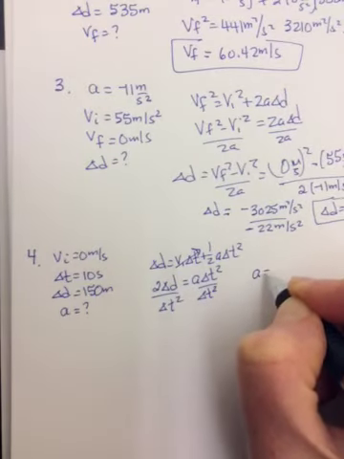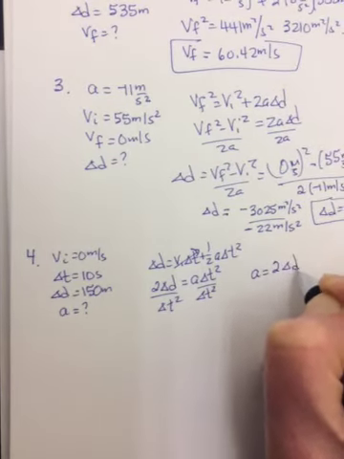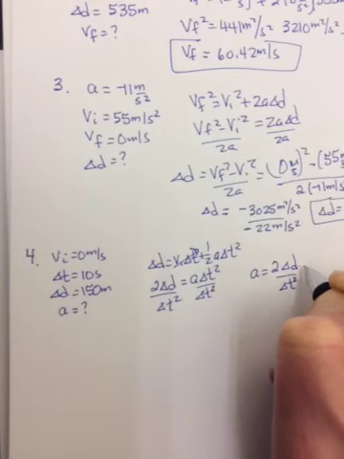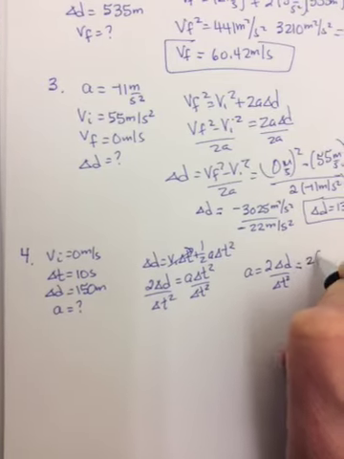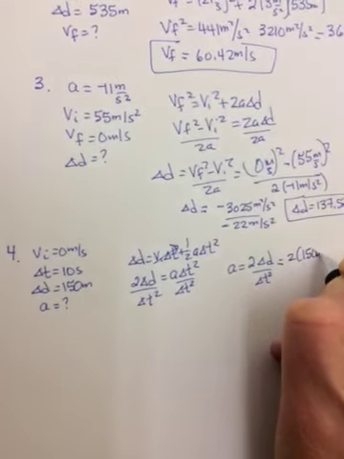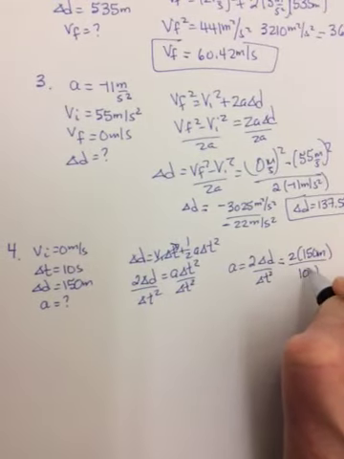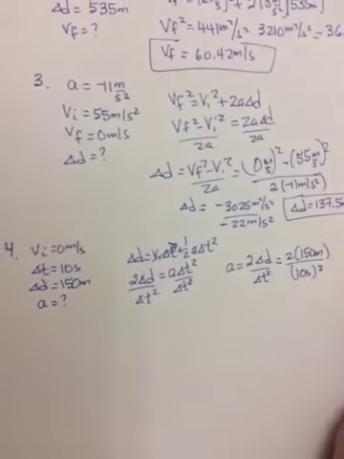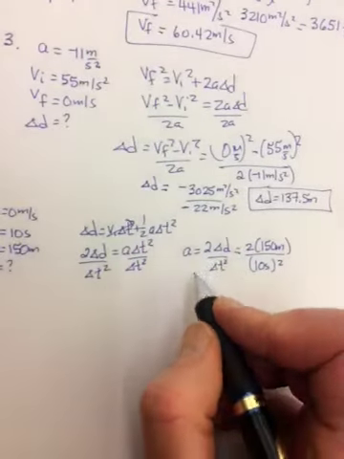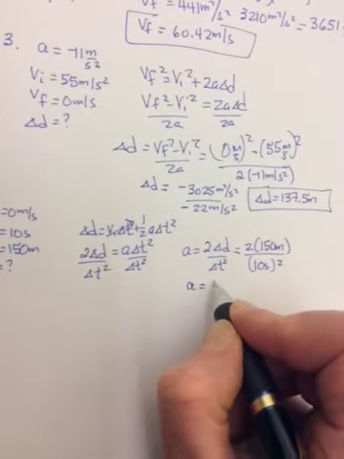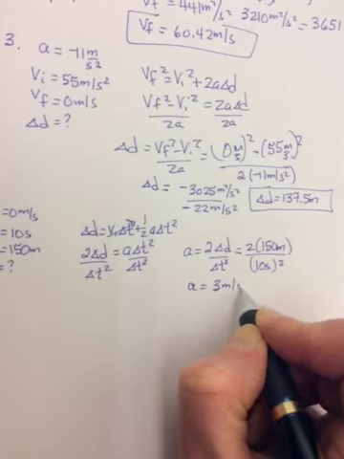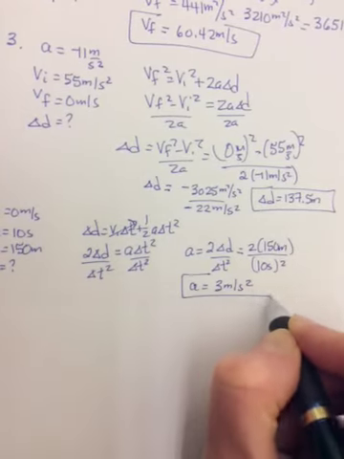So you would get A equals 2 delta d over t squared. So 2 times 150 meters divided by 10 seconds squared. 300 on the top divided by 100 on the bottom. A is equal to 3 meters per second squared.